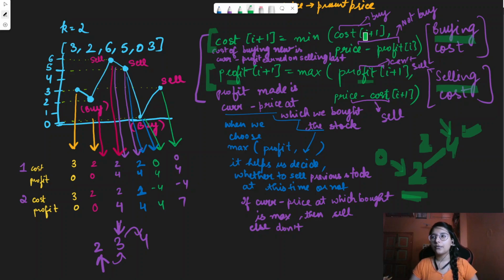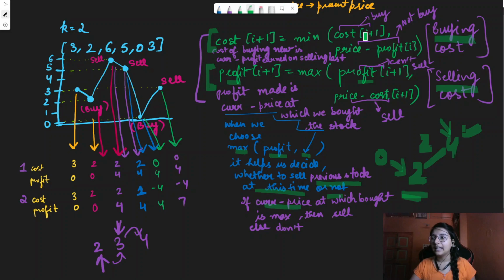So the profit made is basically the maximum out of the profit earned at just the next stock and the current price minus the price at which we bought the stock. So that's the thing we are required to check, and these are those two states. When we choose the maximum out of profit in this scenario, it helps us decide whether to sell the previous stock at this time or not.